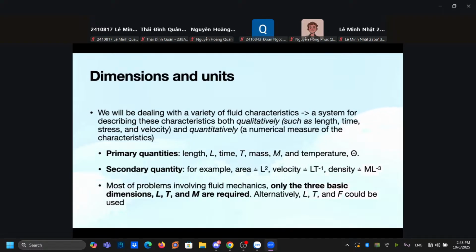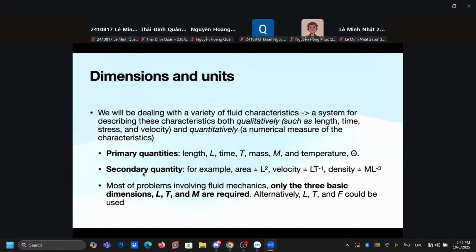They are the length, denoted by capital L, so pay attention here, that's for the length; then for the time, capital T; for the mass, capital M; and temperature, that is capital theta.